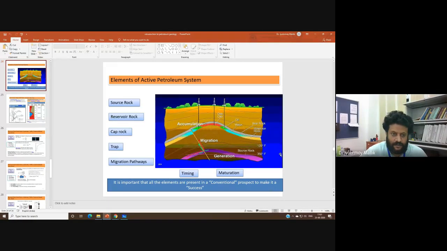The properties that we have discussed so far are porosity, permeability, net to gross, hydrocarbon saturation. I think that's all we have discussed in terms of the essential properties necessary for a good reservoir rock.